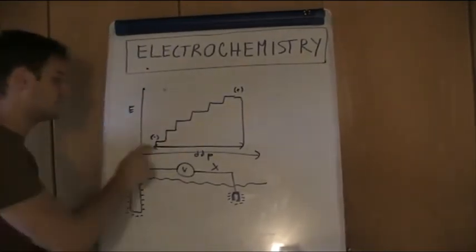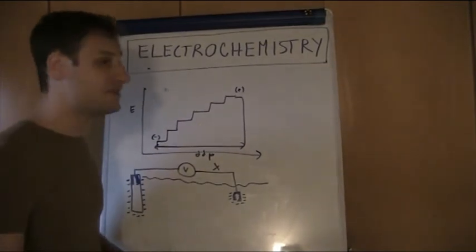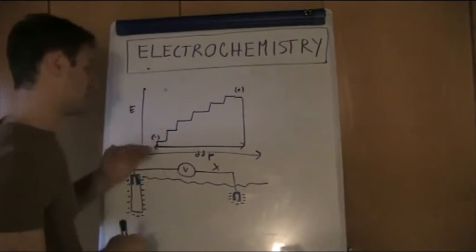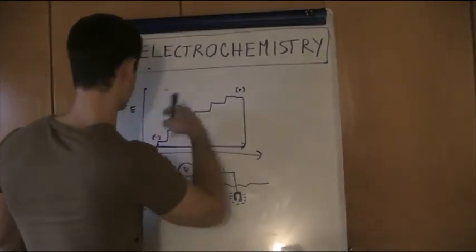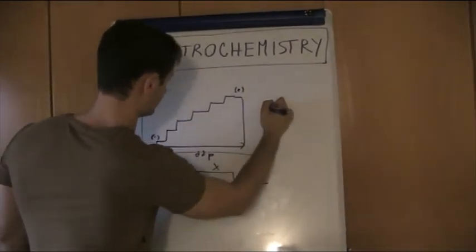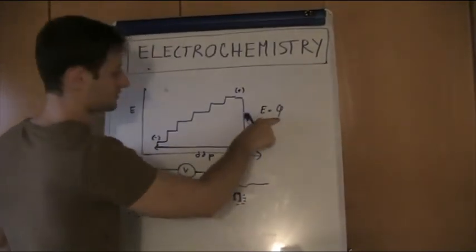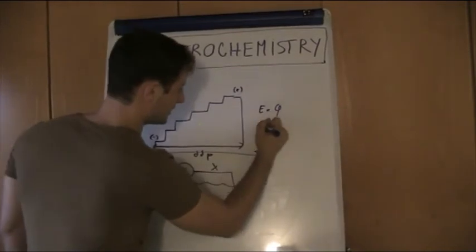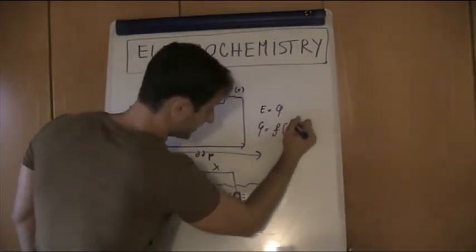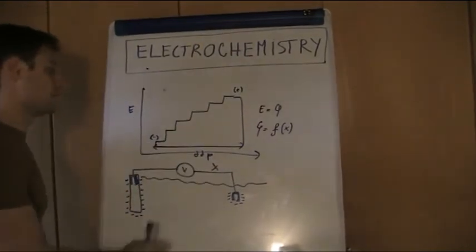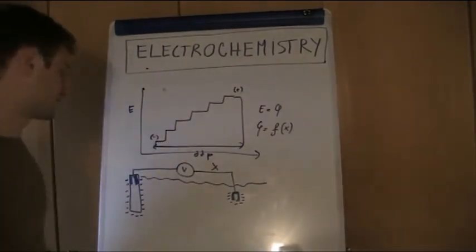And so the final potential difference of the cell, even if we have a change in the potential profile as a function of the distance. So the potential, for instance, we can define this also with this letter maybe, is a function of the distance. But obviously we can only measure the final difference.